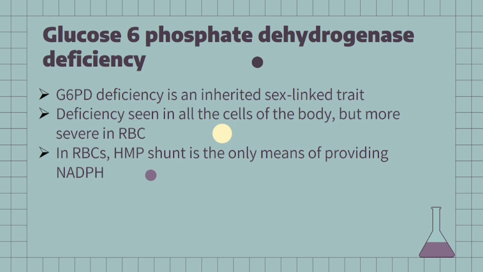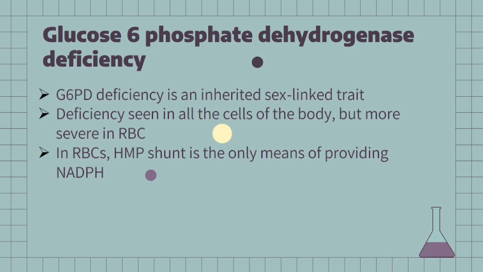This means the circulation of sugar in their body is different. Deficiency is seen in all cells of the body but is more severe in RBC. G6PD deficiency offers natural protection against malaria as the pathogenic parasites require reduced glutathione for their growth.